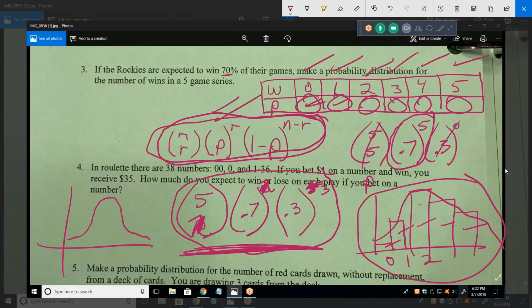Right. In other words, if the Rockies only won exactly 50% of their games, then the curve is going to look a lot more like that. The way I drew it as a bar chart, it's skewed a little bit, and that's because the Rockies win 70% of their games. In other words, it's easier for them to win 5 in a row than it is to win 0 in a row. Or 0 out of the 5.